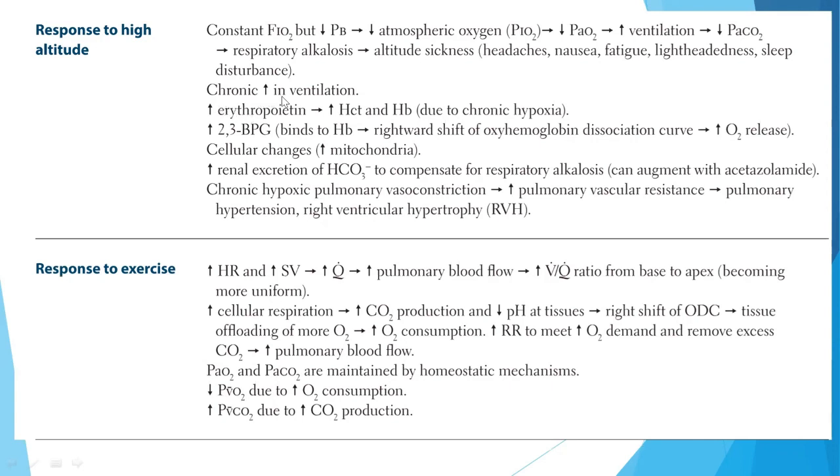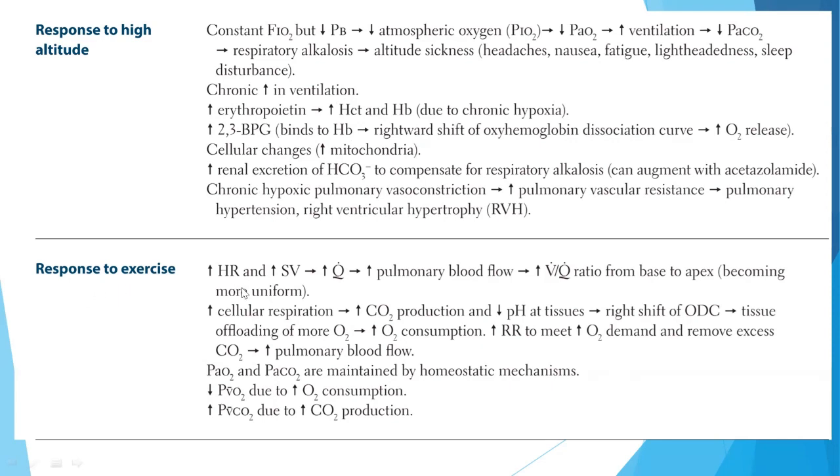There will be chronic increase in the ventilation, and the response will also be to increase erythropoietin, which will increase the hemoglobin level. The increase in 2,3 BPG will lead to increased oxygen unloading. That is, the ODC curve will shift towards the right, and there will be increased renal secretion of bicarbonate to compensate for respiratory alkalosis.